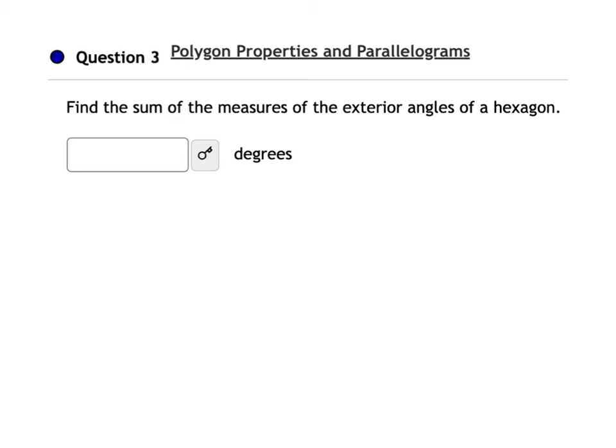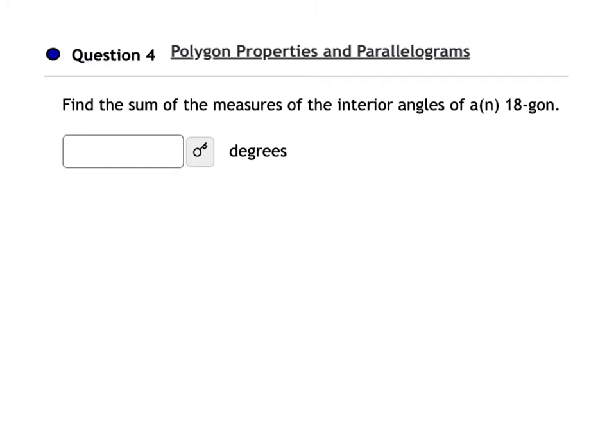Question 3, you gotta love these. Find the sum of the measures of the exterior angles. The exterior angles, one at each vertex of any convex polygon, always add to 360. Question 4. Find the sum of the measures of the interior angles of an 18-gon. It has 18 sides.